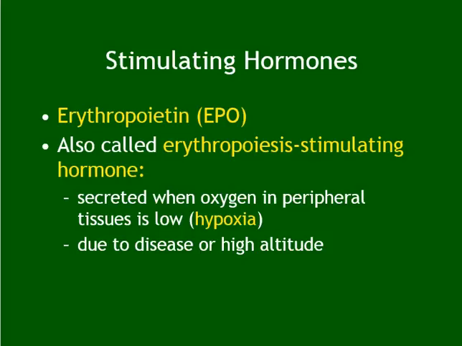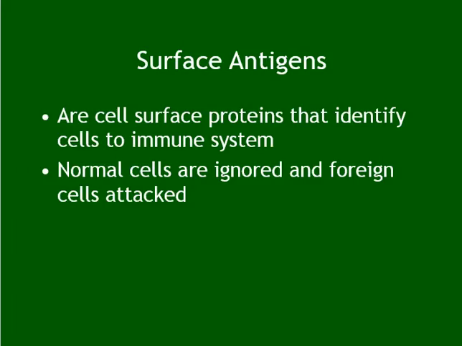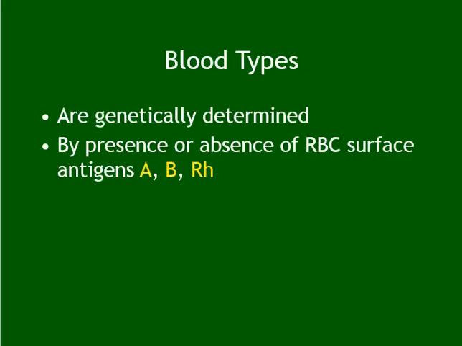Erythropoietin, this is important. Erythropoietin is the hormone secreted from kidney to stimulate the bone marrow to produce red blood cells as a reaction to hypoxia. What's hypoxia? Hypoxia. Low oxygen. Low oxygen in the blood.